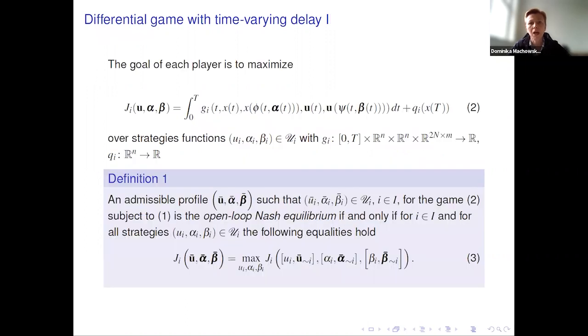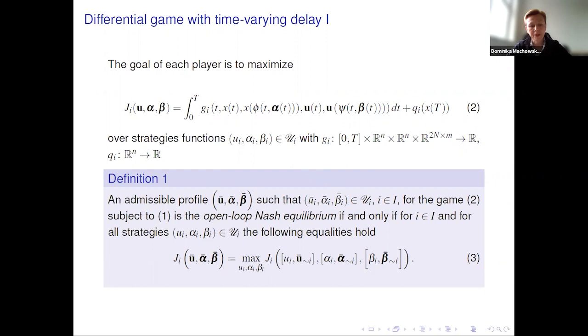Next, we define the goal of each player, which is to maximize the following integral over all strategies u_i, alpha_i, and beta_i. So this means that our strategy is not only u, but also delays in the state and delays in the strategies.